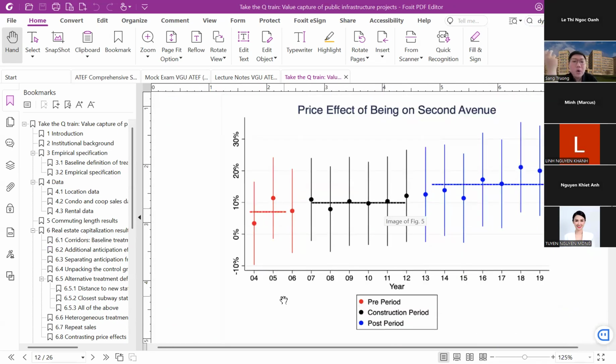So basically now they have the interaction terms, but not only one post covering all periods. Now we have different values of post. For example, for year 4 to year 12, the coefficient is positive, but the confidence interval is quite large, and it includes 0 in it, right?